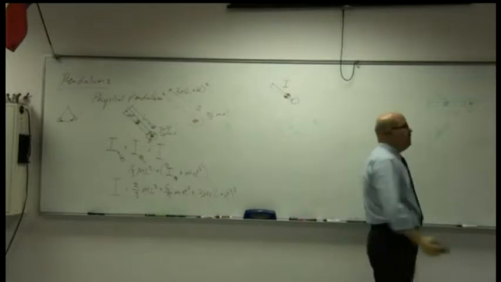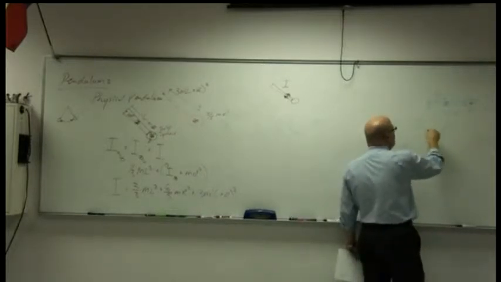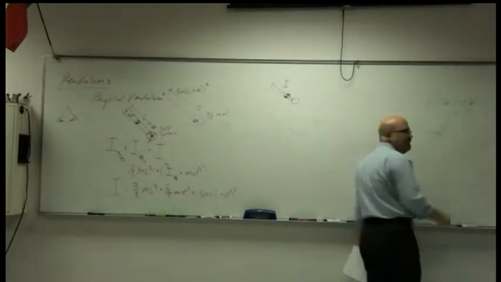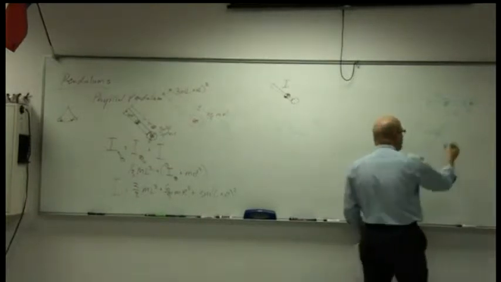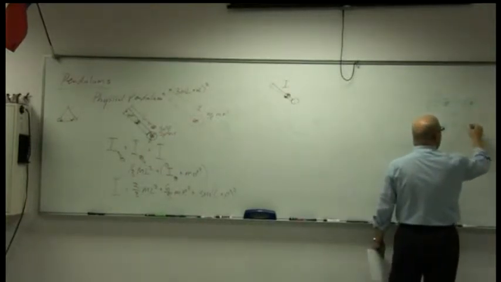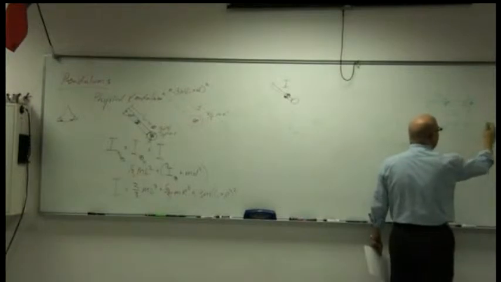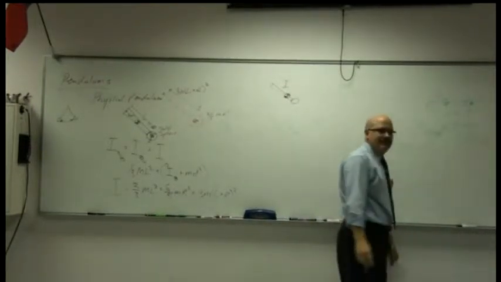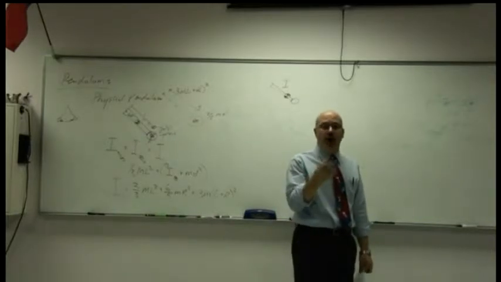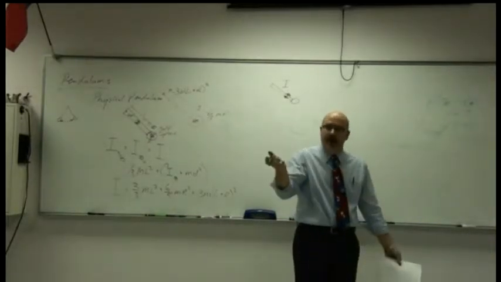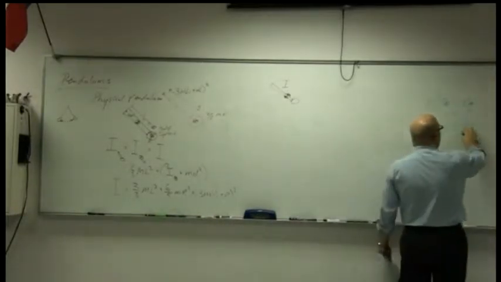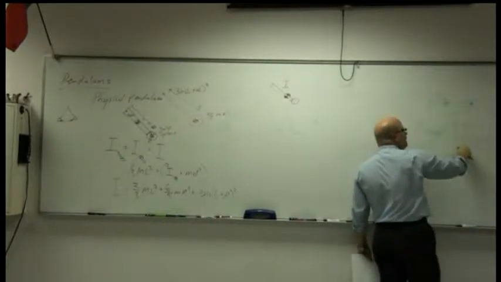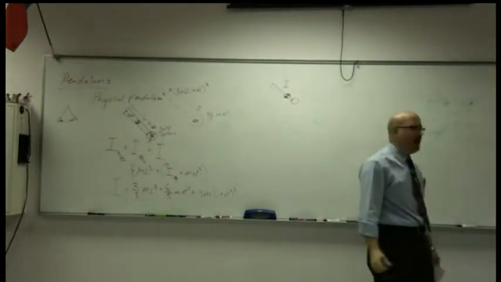To find the location of the center of mass, the equation is the sum of the mr over the sum of the m. It has to leave you with r, or meters, because you have mass and location, and you divide the mass out, the total mass.